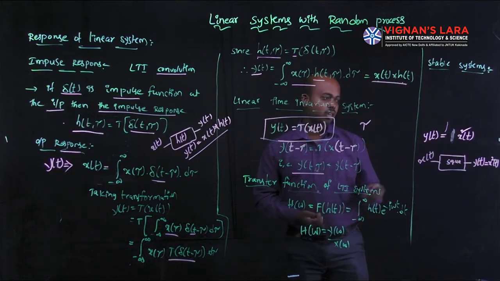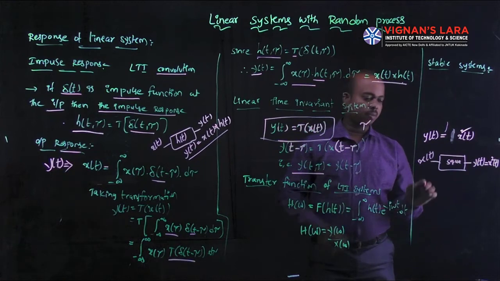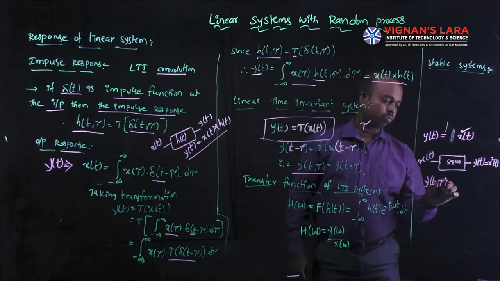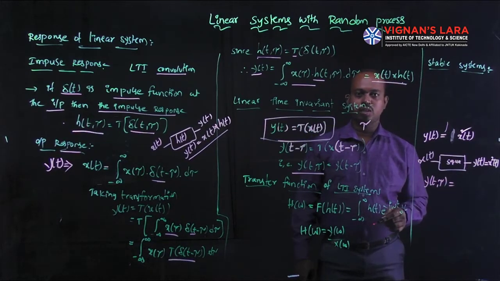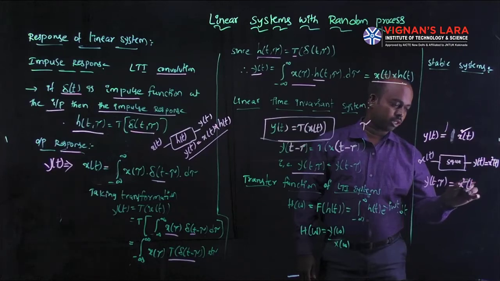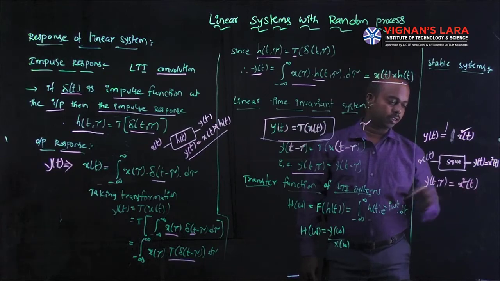The system should be a linear system and also a time invariant system. We take y of t comma tau, and the function we have is x square of t, where t is replaced accordingly.